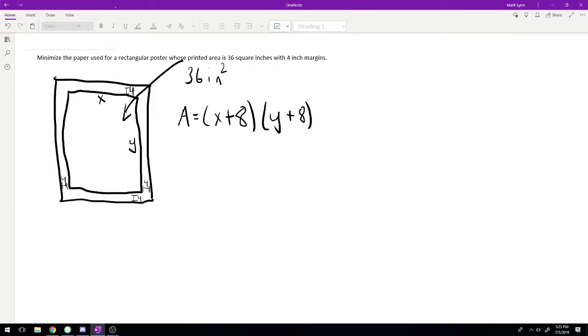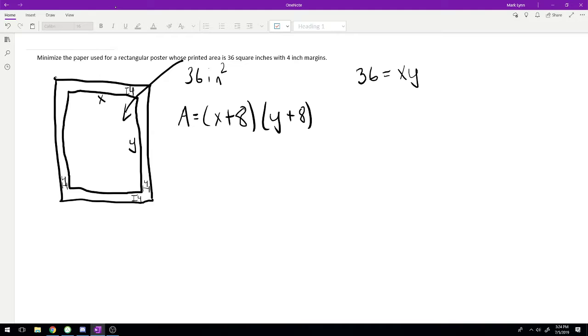Now, we have the equation that we want to minimize, but in any one of these optimization problems, we'll typically have two variables. So we have to figure out some way to substitute in for one of those variables. So we have to use the one other piece of information that's been given to us, and that's, of course, that the printed area is 36 square inches. So we know that the printed area is 36, but we could also set that equal to x times y in terms of our variables.